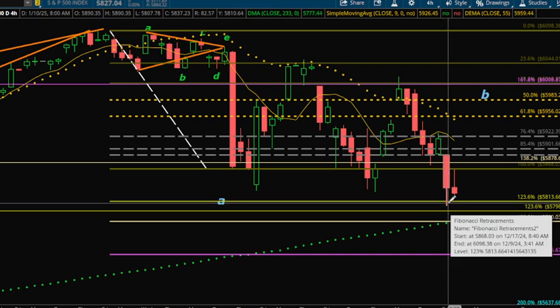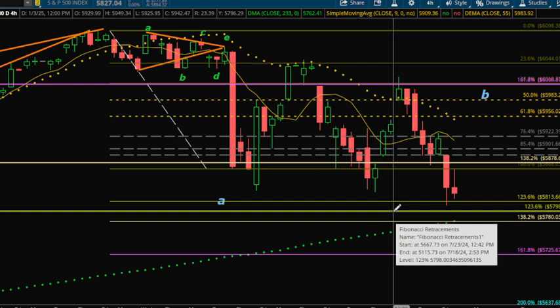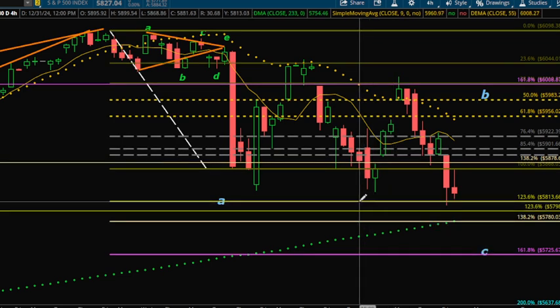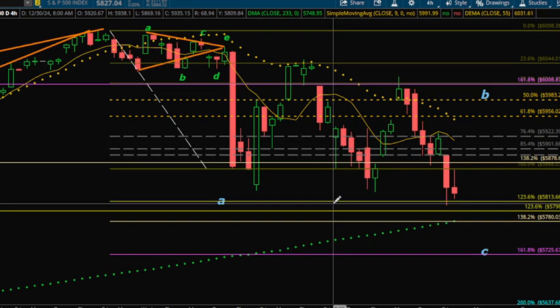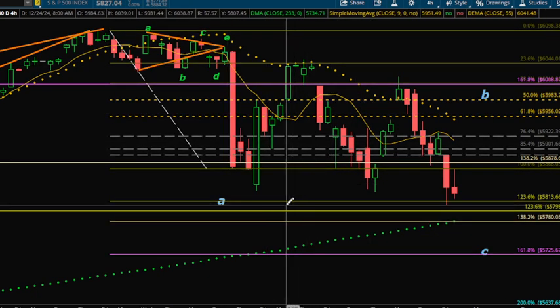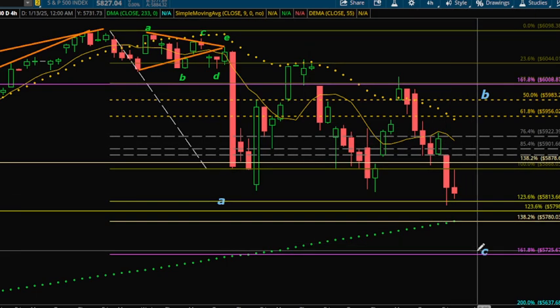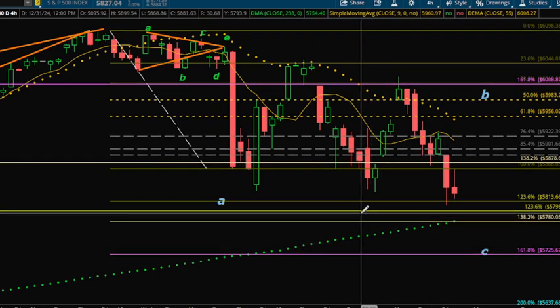Okay, it's a little overlap. So that makes me wonder that we may not be complete, because usually these fibs are spot on. I place a lot of emphasis on these fibs. That's what it's all about. This tells you that you're counting your waves correctly by the measurements.